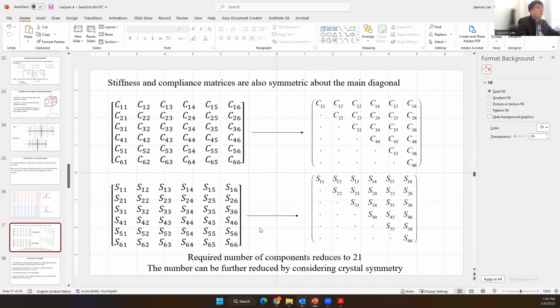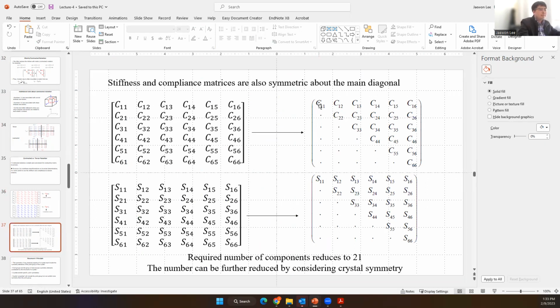Then this matrix has the diagonal symmetries, so we can reduce these terms.